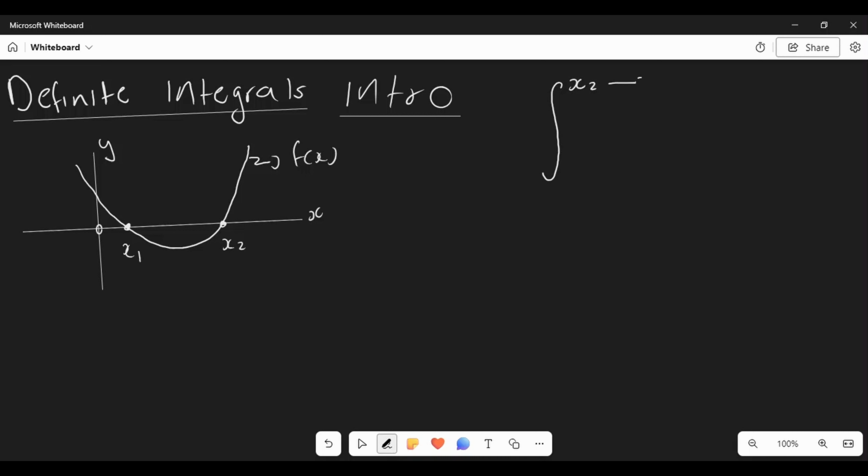This we call the upper limit, and the value of x1 we call the lower limit. And then here we have our f of x, which is our function that we need to integrate. So basically this is how you do the definite integral.